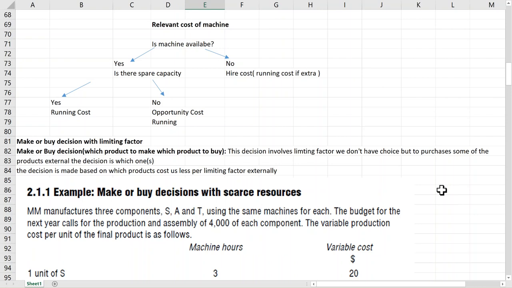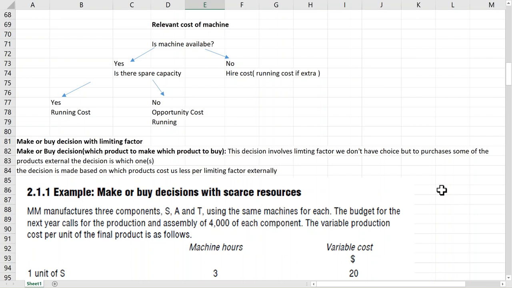Make or buy decision with limiting factor is when we have a situation where we are not able to do all the job, we are not able to produce all the products, so we must outsource some to external suppliers, even if they are charging a higher price, because we don't have sufficient capacity.